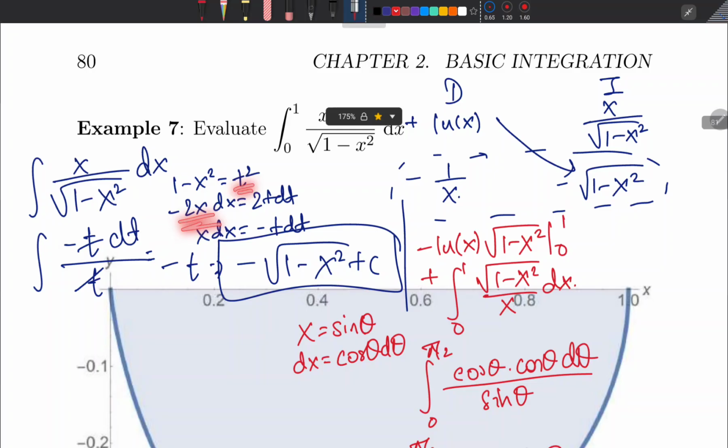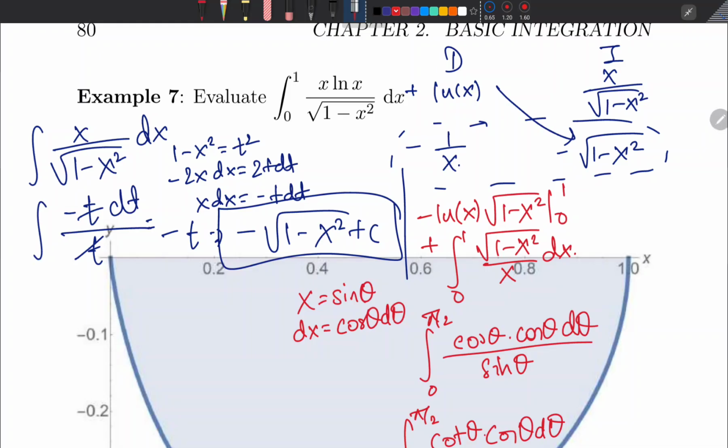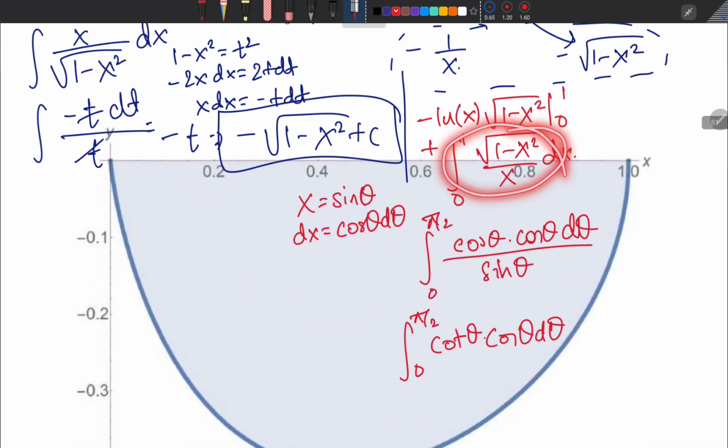So we have minus 2x dx equals 2t dt, and x dx is minus t dt, and this is the square root of t, right? So it's just t, so t and t cancel out as we did here. So I think the integral is quite correct, but we got stuck over this integral actually.